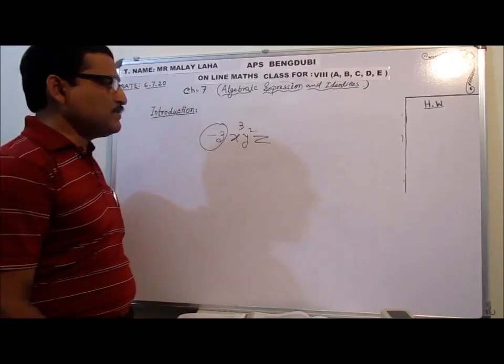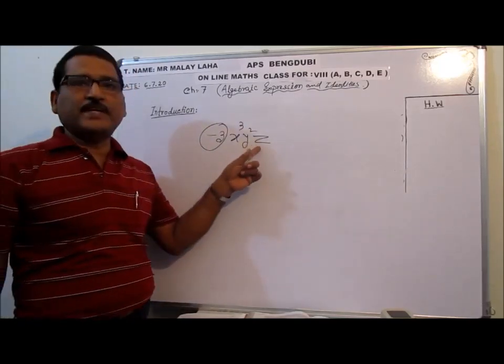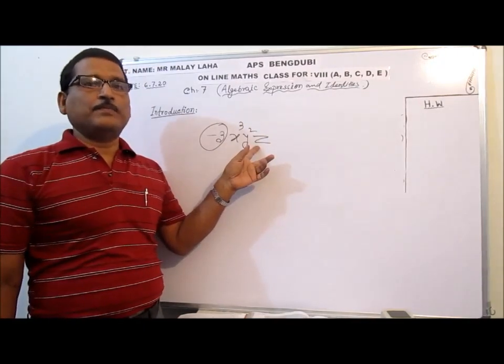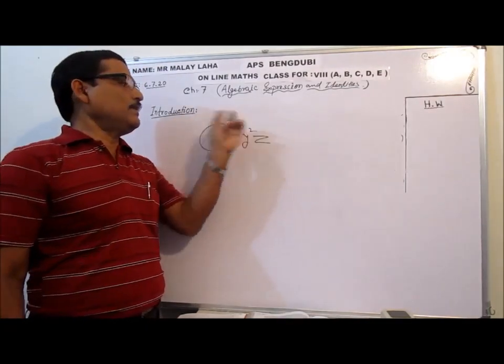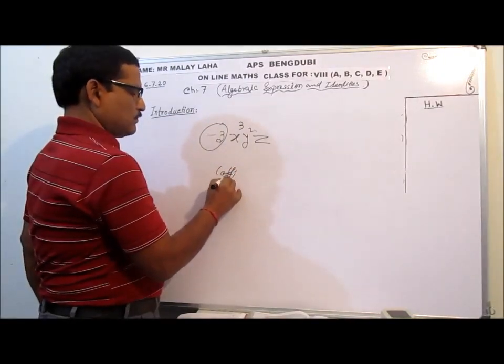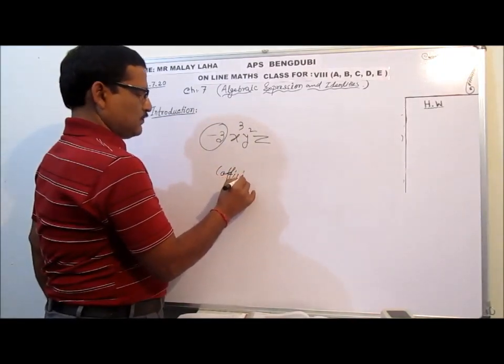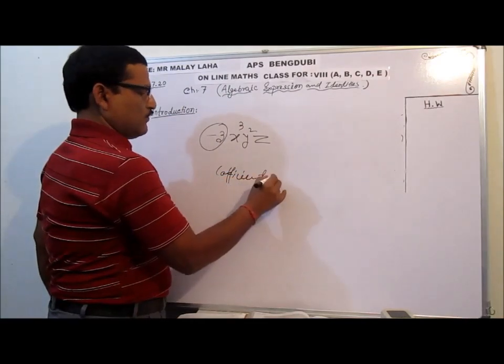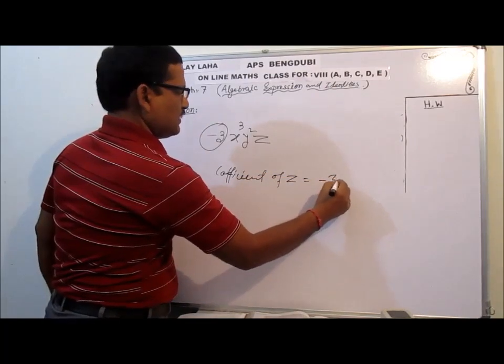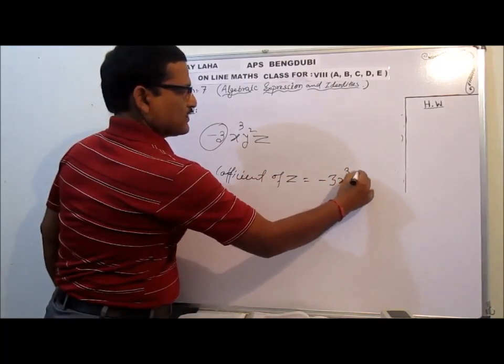But when you say coefficient of z in this term, that means leaving z, all the remaining part is the coefficient. Coefficient of z equals minus 3x cube y square.